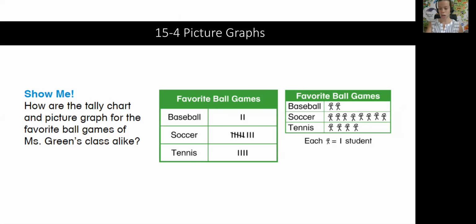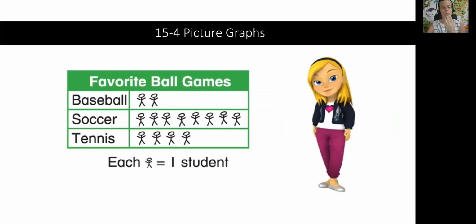But I do want to challenge you just a tiny bit. Looking at this graph, now notice the key. I'm just going to leave it with each student is 1, okay? How many more people? Remember that tricky phrase? How many more people chose tennis than baseball?